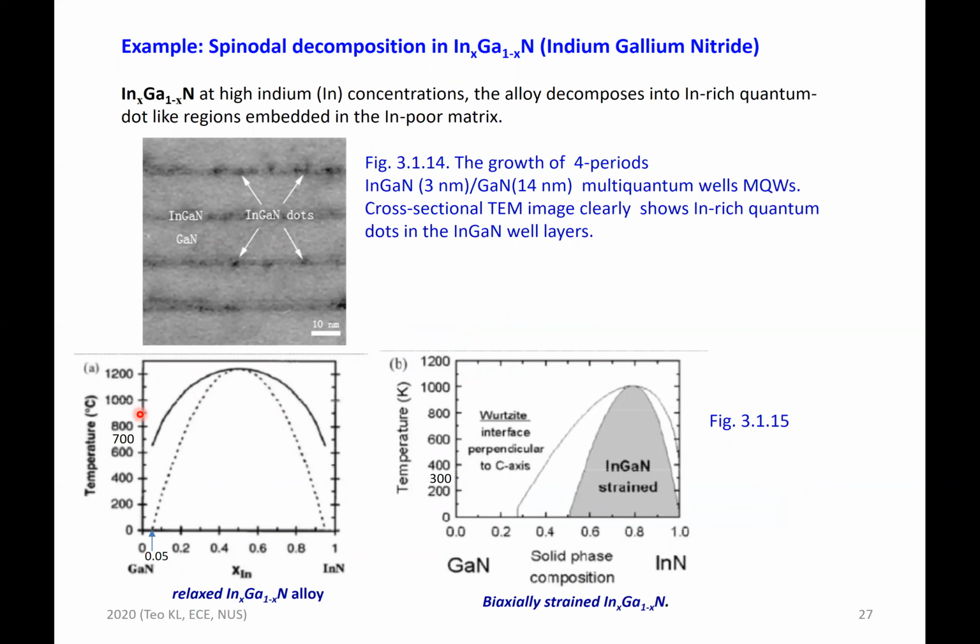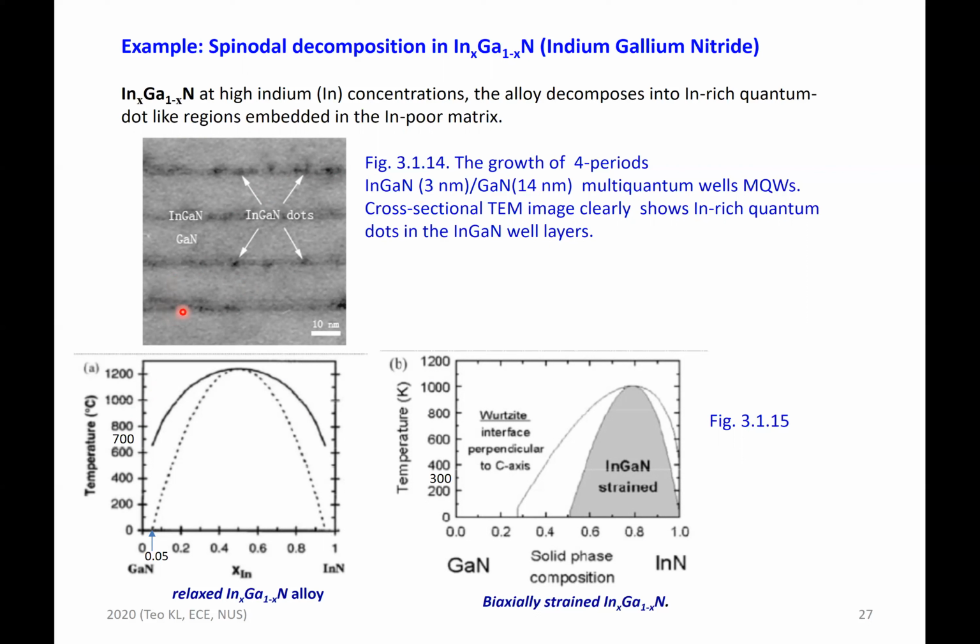Now, this is an example of a spinodal decomposition in indium gallium nitride. Let's say I want to grow indium gallium nitride and gallium nitride multiple quantum well. This shows a cross-sectional transmission electron microscopy image.